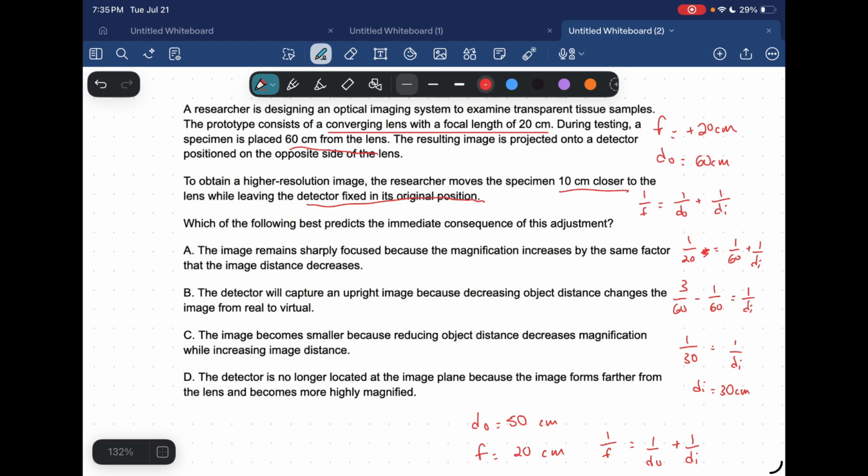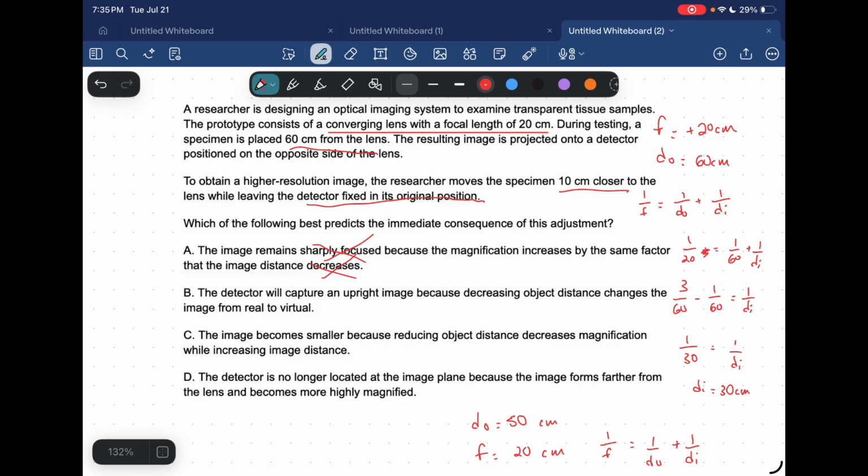The image remains sharply focused because the magnification increases by the same factor that the image distance decreases. Well, this is wrong on two accounts. We discussed that the detector and the new image distance don't align, so it's not going to be sharply focused. And the image distance also increased from 30 centimeters to 33.3.